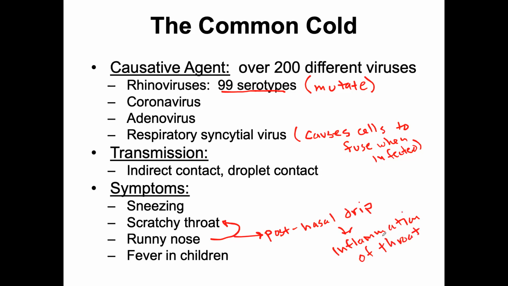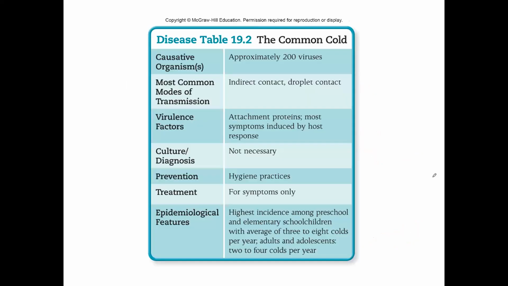Okay. So as it runs down the back of your throat, it burns. Okay. And it produces immune response that makes it even more inflamed. Okay. And in children sometimes get fever. Right. So there it is, right?